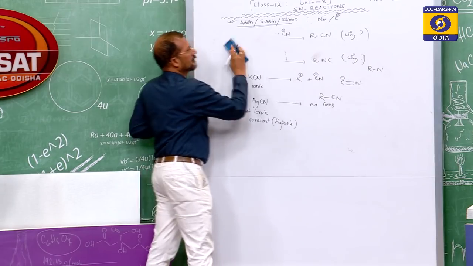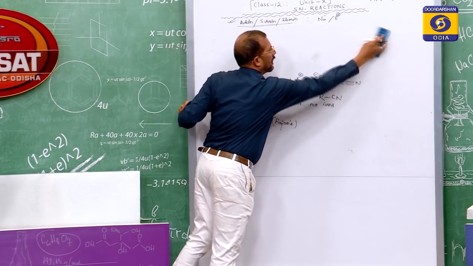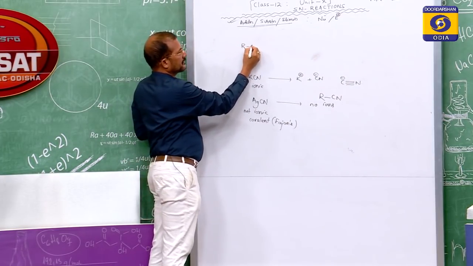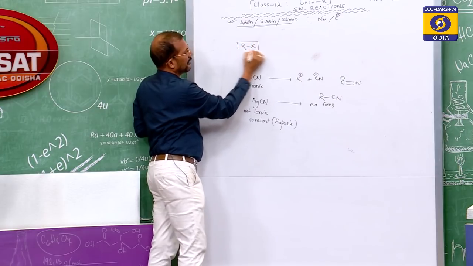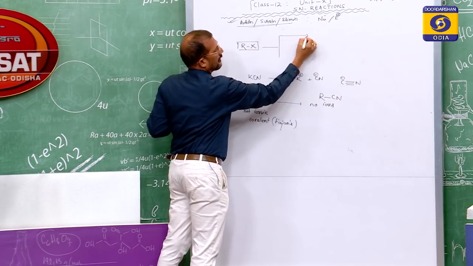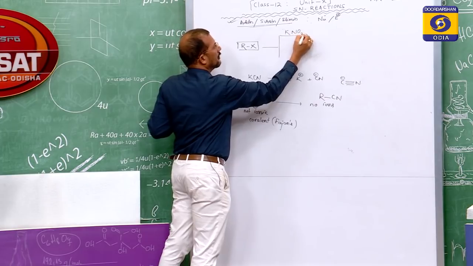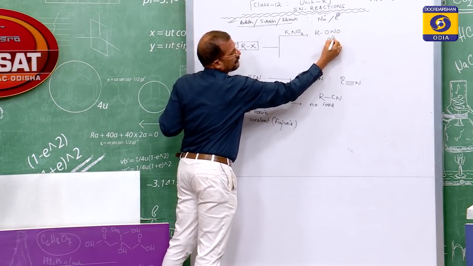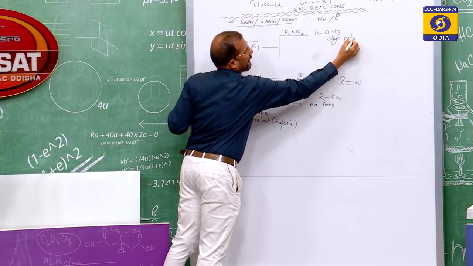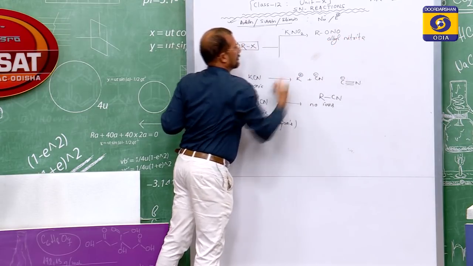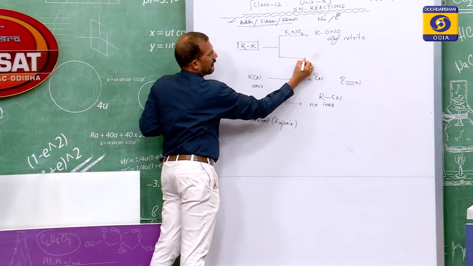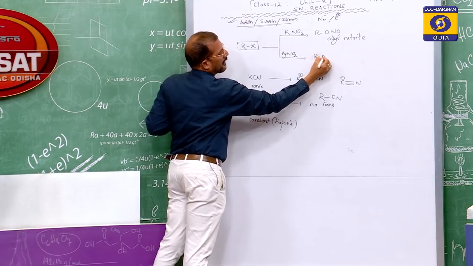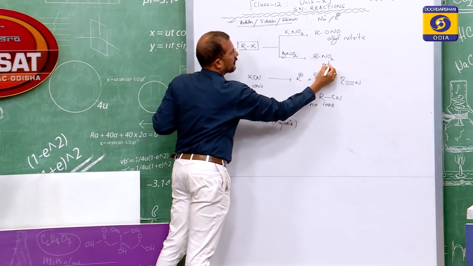Also, let us go on to understand nitrites. As we have discussed, an alkyl halide when treated with KNO2 gives RONO, which is an alkyl nitrite, but when it is treated with AgNO2, it gives RNO2, a nitroalkane.